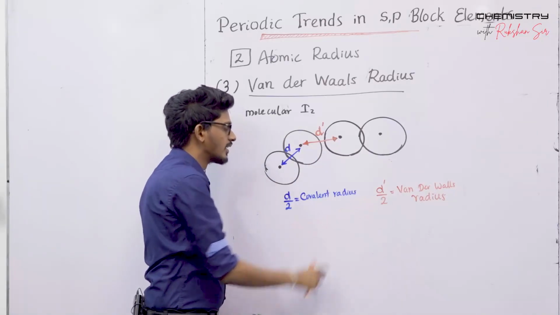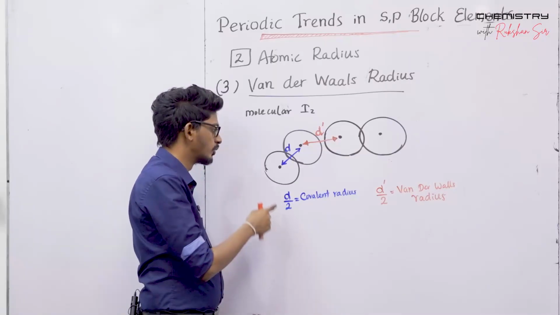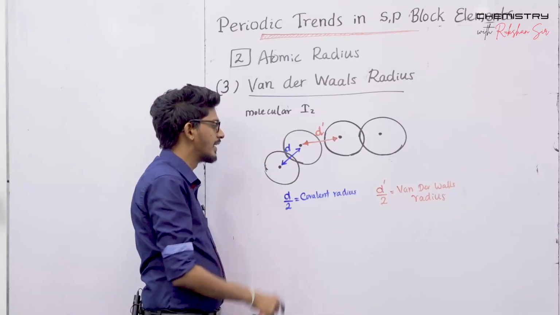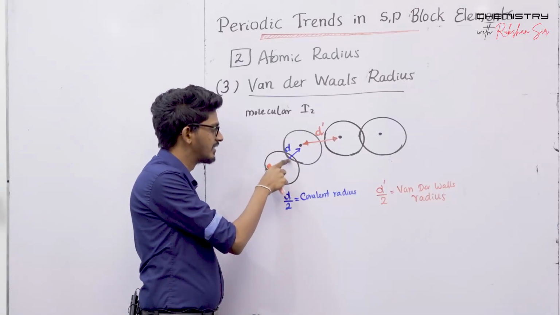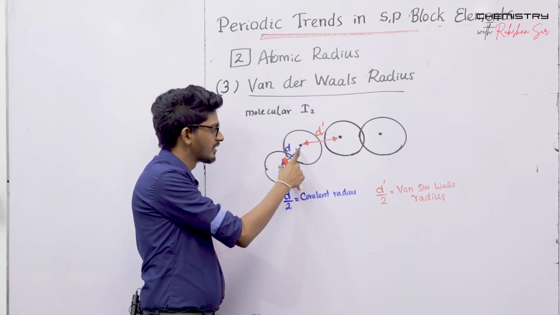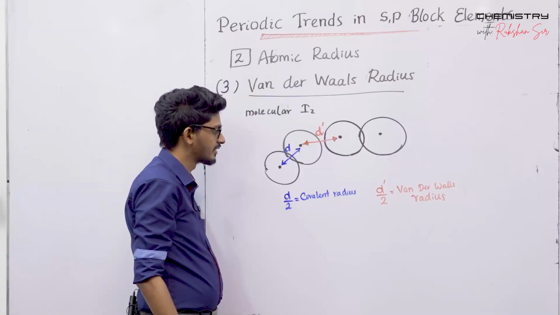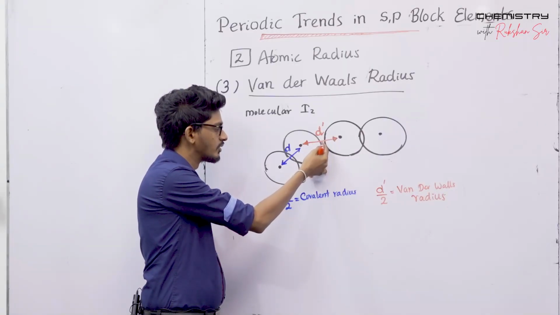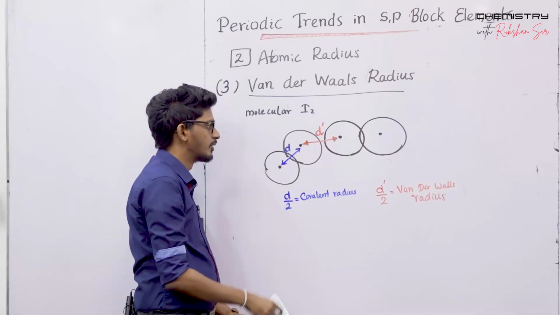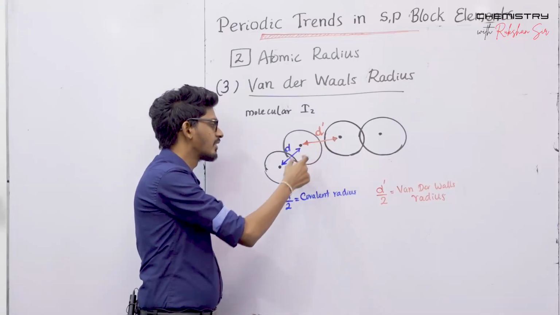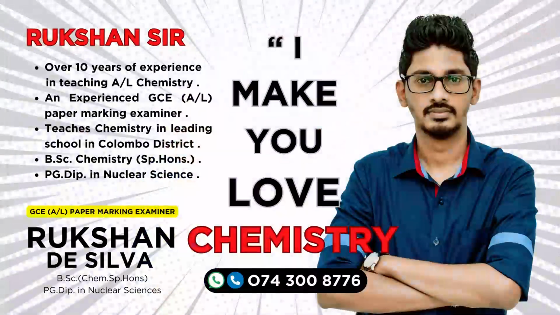With the covalent radius, because of the overlap, you are obtaining a smaller value than the exact value. With the Van der Waals radius, you will obtain a greater value than the exact value, because this gap is also included.